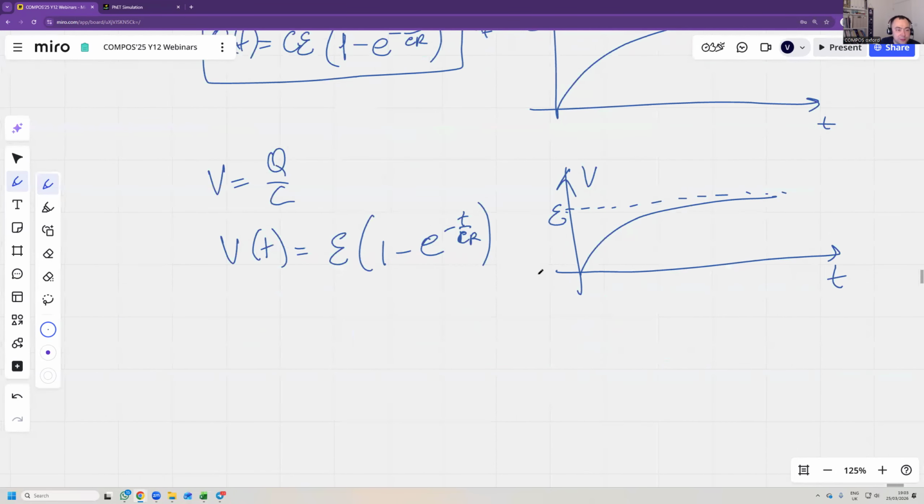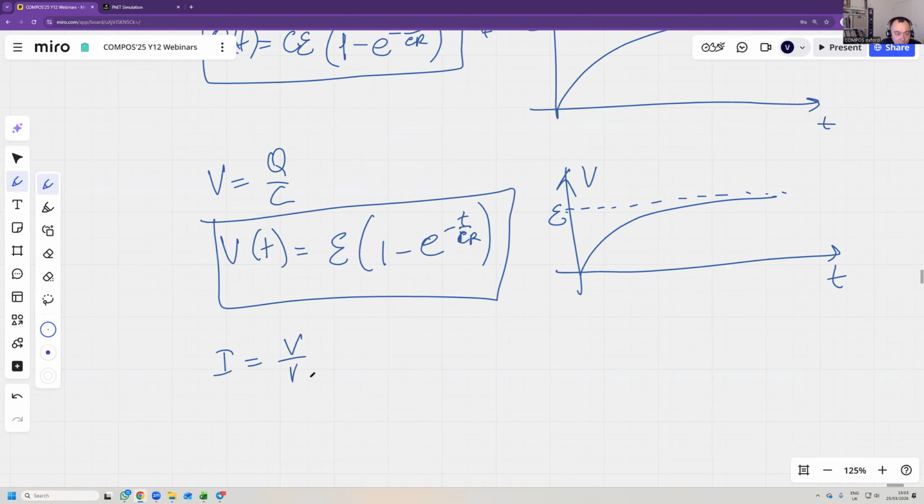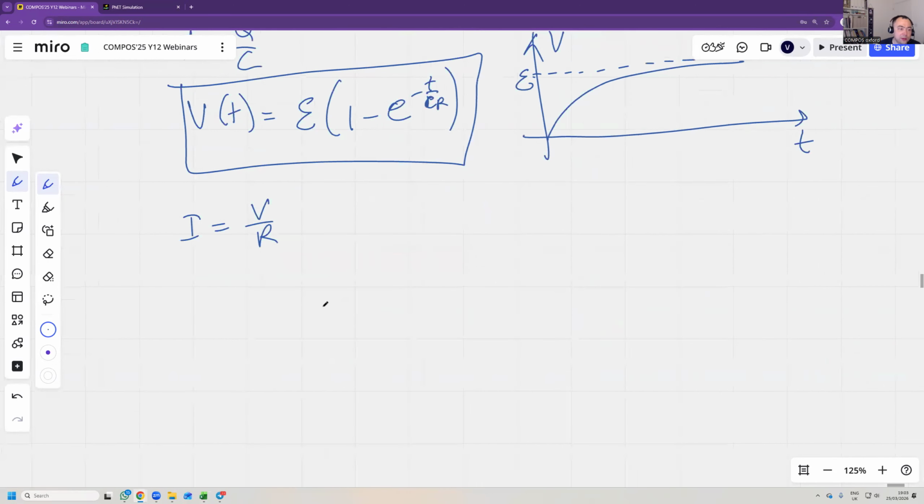And if you take for the resistor, so current is V over R, then you can say that current, no, you can't do that.